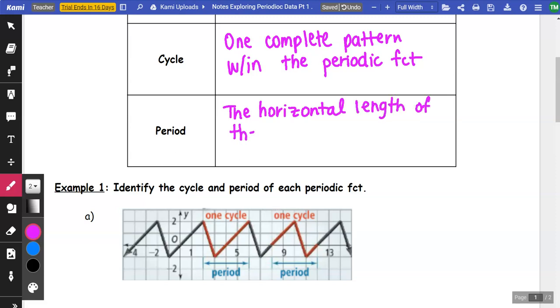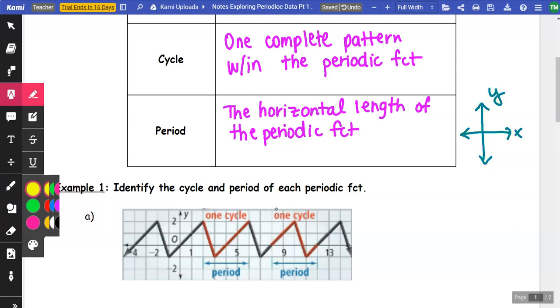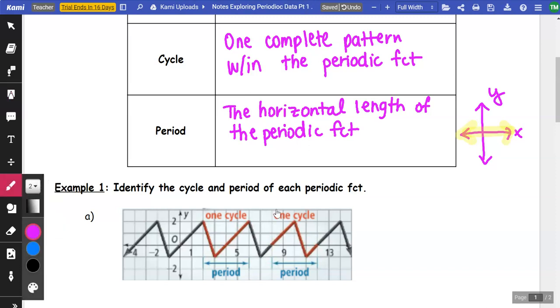When I'm talking about the horizontal length, if you recall on a grid, an x and y axis, the horizontal length would be the distance along your x-axis. So when I talk about a period, I'm really talking about the distance along the x-axis.